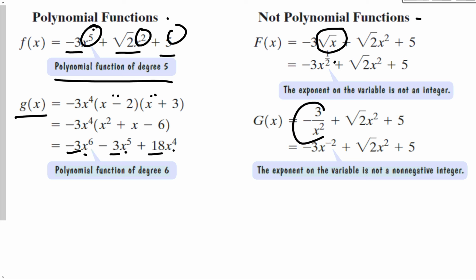Just like right here, that term makes capital G of x not a polynomial function either, okay? Because we have x to the negative 2 power. That is not non-negative, okay? So all of my exponents must be non-negative integers. All my coefficients must be real numbers.